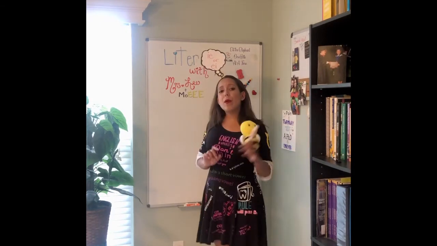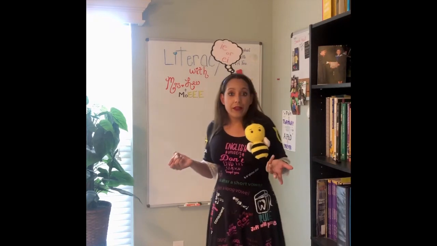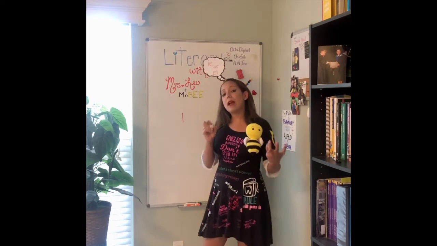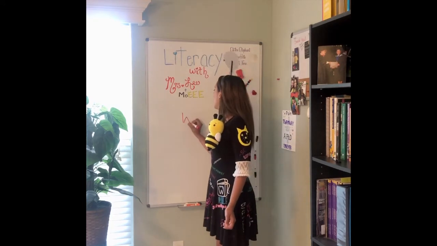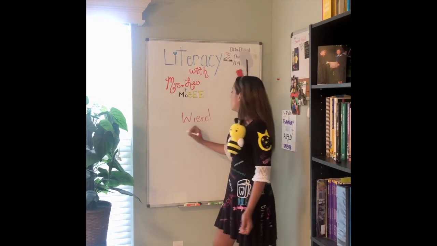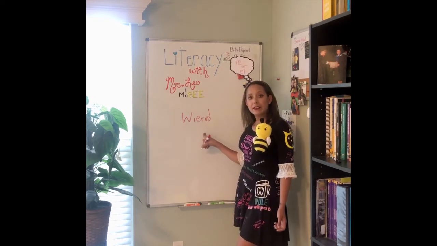Now let's think of some exceptions to these rules, because you know, there are always exceptions. And do you remember why we have these exceptions to the rules? Because they're not English words. So, in the word weird, if we would follow the spelling rule, weird would be spelled like this.